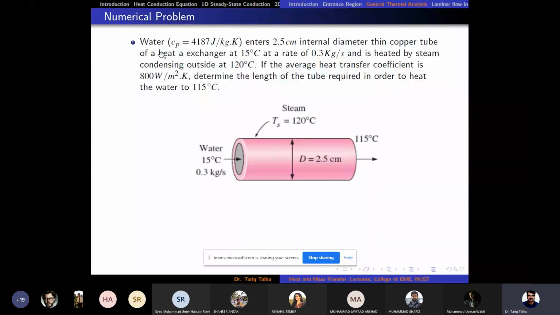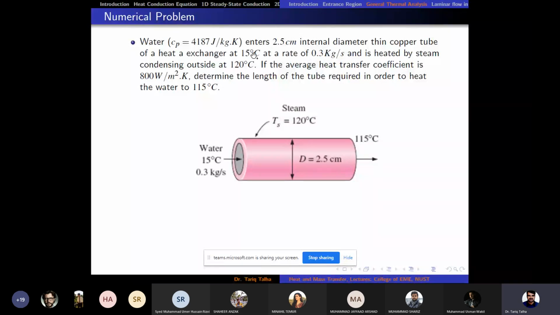So water whose Cp value is given enters a 2.5 centimeter internal diameter copper tube of a heat exchanger at 15 degrees centigrade at a rate of 0.3 kg per second.